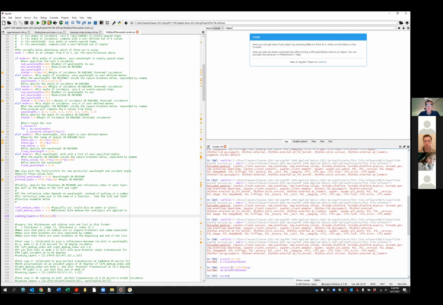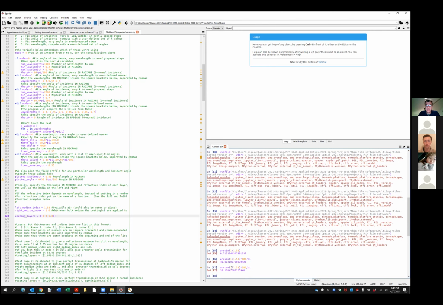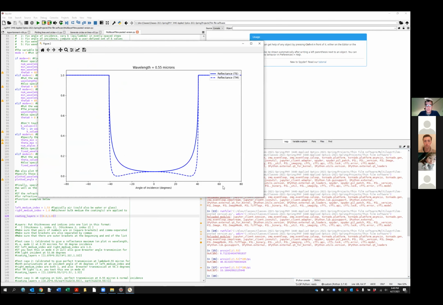So let's do arctan of 1 over 1.53, which is where we said we should get 0 reflectance of the TM light. And we'll convert that to degrees. That should be at 33 degrees, our formula predicts.